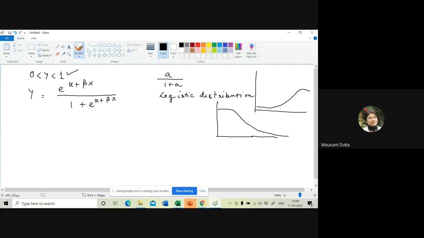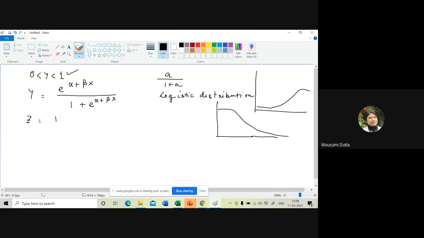Now, looking at this, we are not understanding whether it will move towards regression or not. So next, I have to consider a Z. My starting point is a logistic distribution.